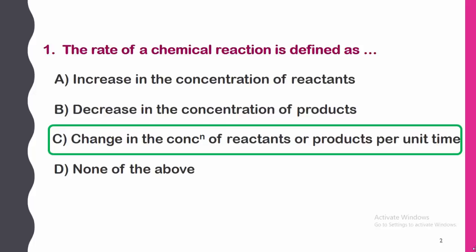Time is very important, because the rate is always measured with respect to time. So the answer of this question is option C, change in the concentration of the reactants or products per unit time.